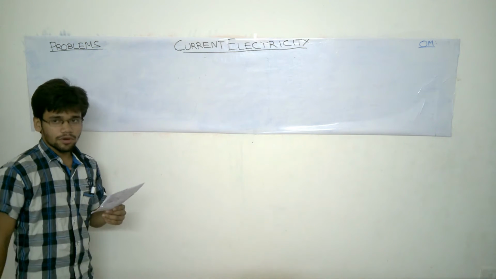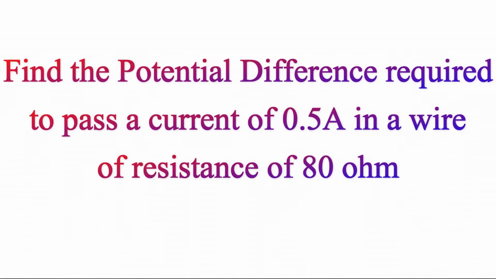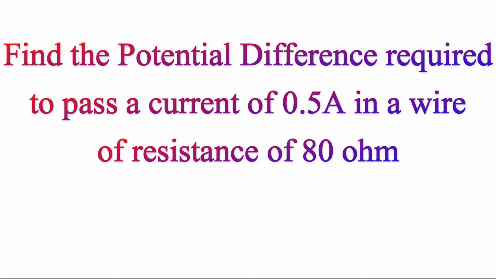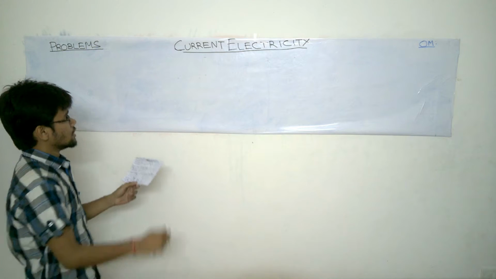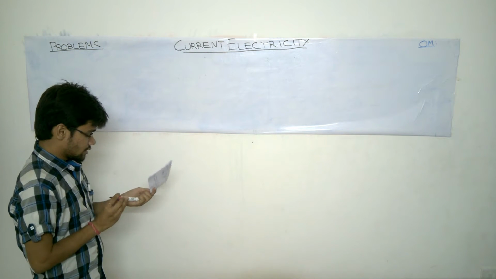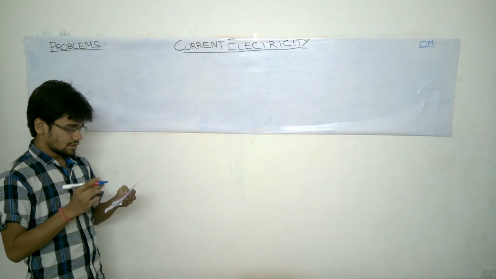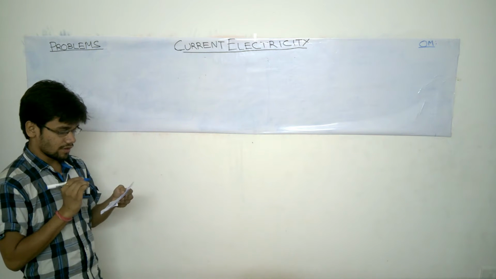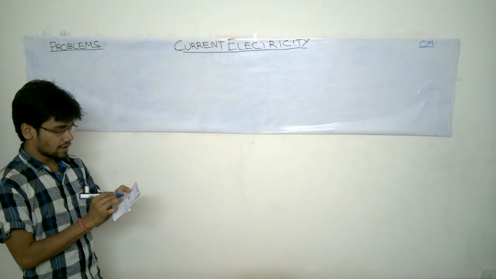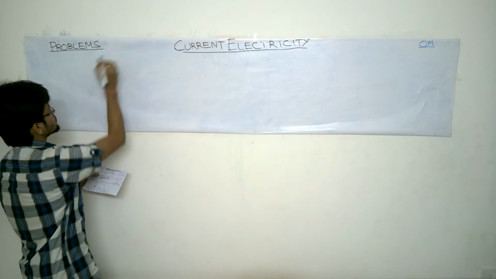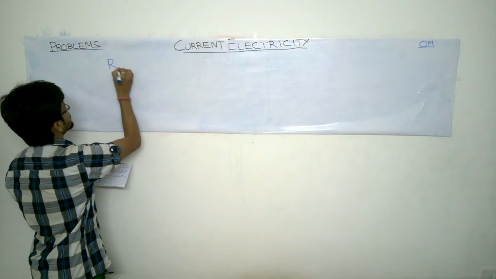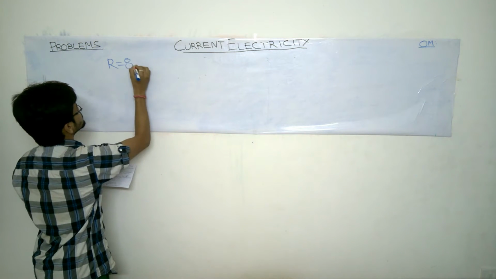Coming on to the next problem, we have: find the potential difference required to pass a current of 0.5 ampere in a wire of 80 ohm resistance. Here we have two key points in the question. One is the current, that is 0.5 ampere. Second is the resistance of the wire, which is 80 ohm.